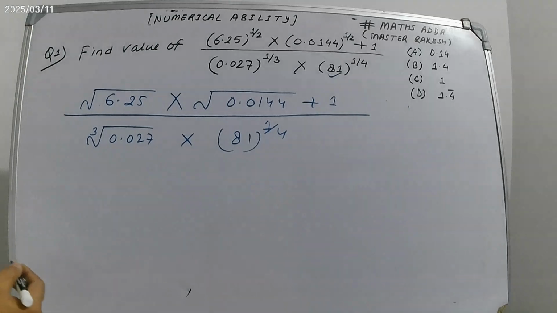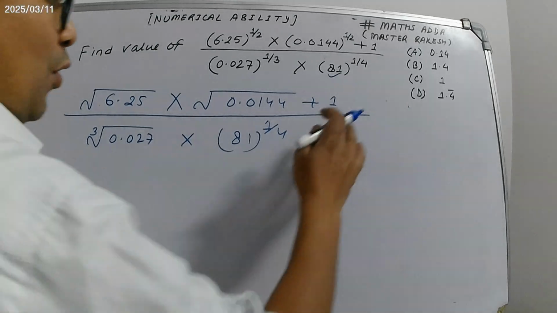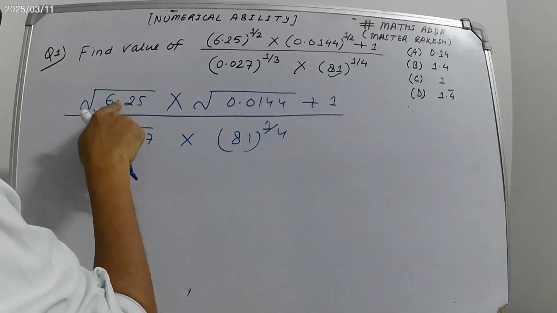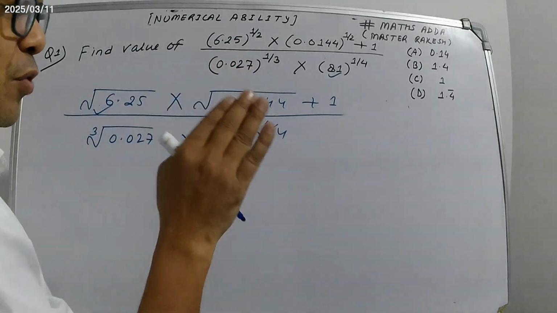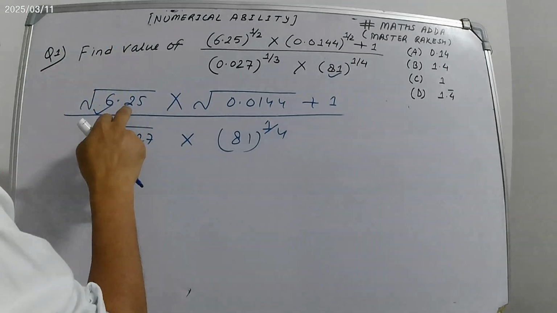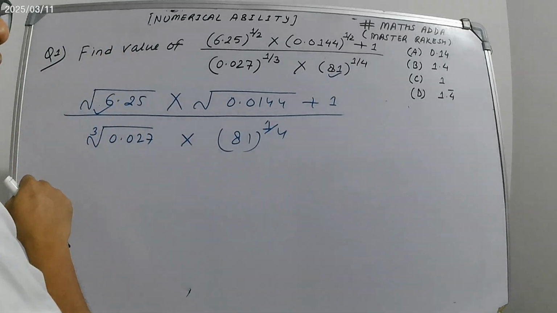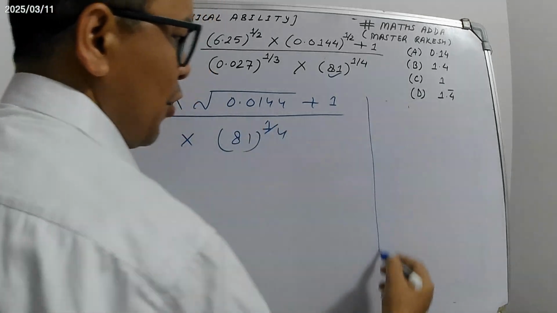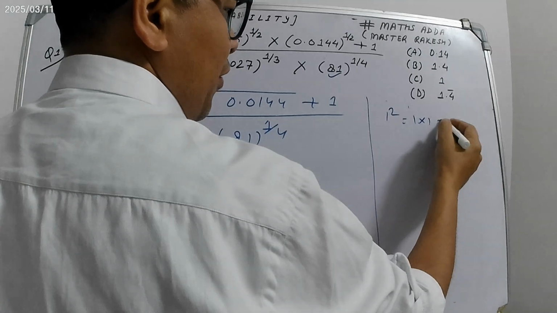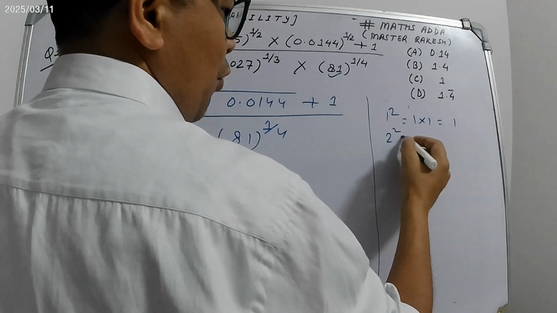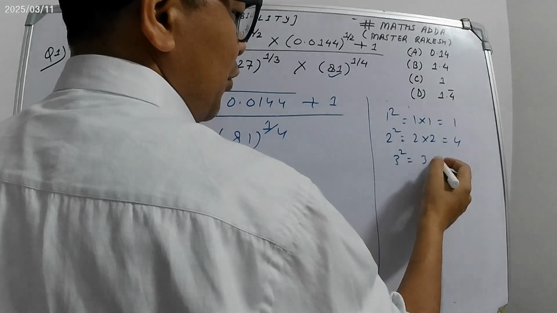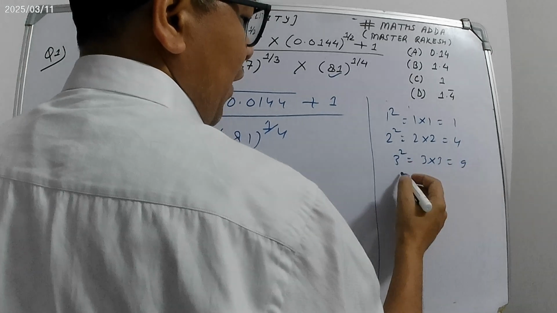If I ask you the square root of 625, for a moment don't consider it as 6.25, let it be 625. What should be the square root of 625? 25. You have to understand squares first: 1 square equal to 1, 2 square equal to 2 into 2, 4, 3 square equal to 3 into 3, 9.